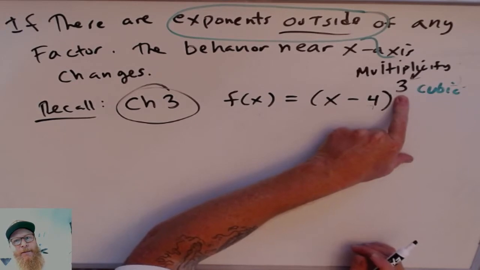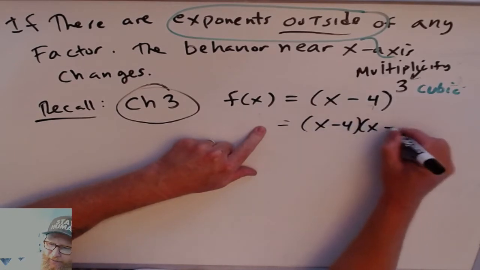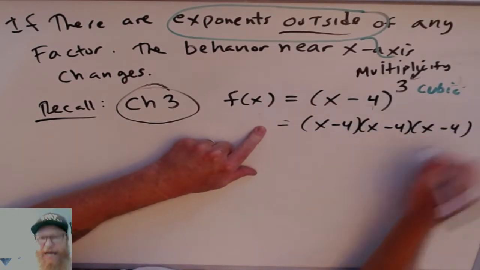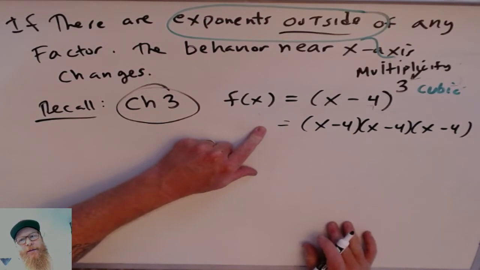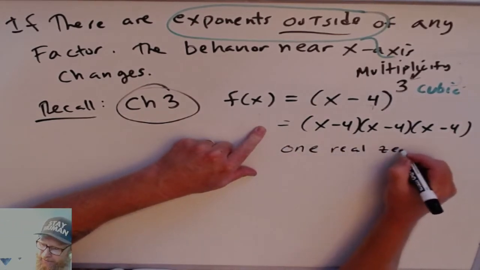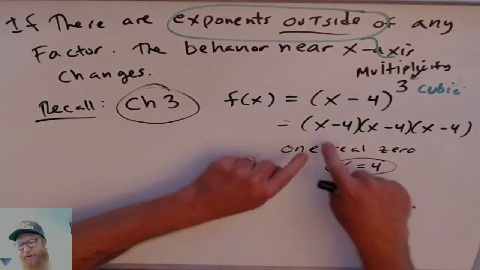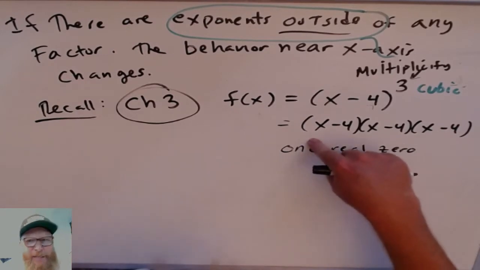So multiplicity 3 means that this same factor occurs 3 times. So there's one real 0, x equals 4, even though that 0 is occurring 3 times.